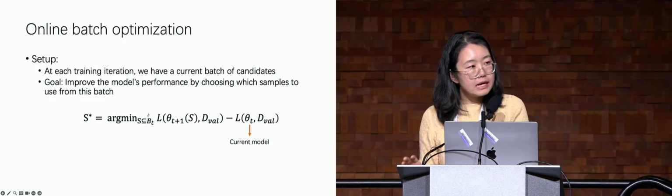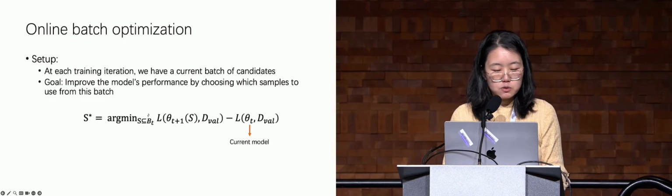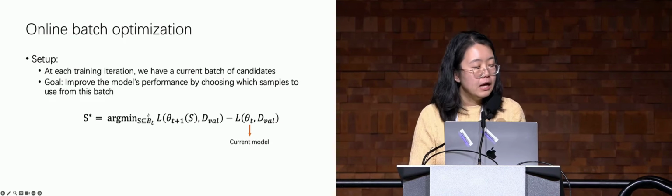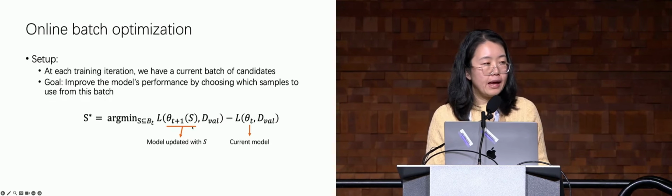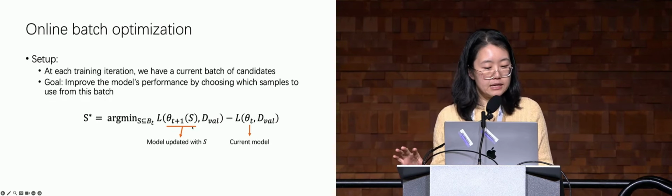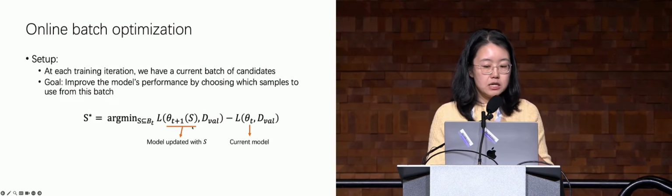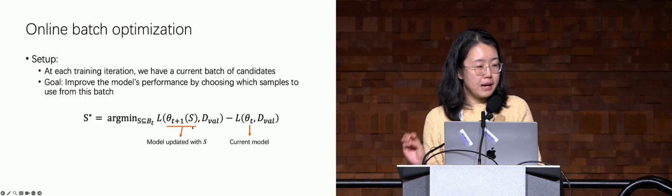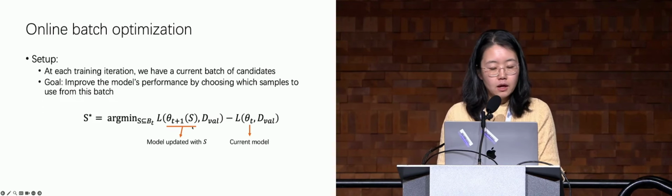Now I'm going to move to another example of a problem that has a manageable search space, which is online batch selection. The setup here is that at each training iteration, we have a batch of training data candidates. And the goal of online batch selection is to choose samples within the batch in order to improve the performance as much as possible.